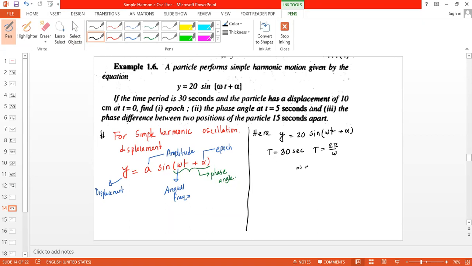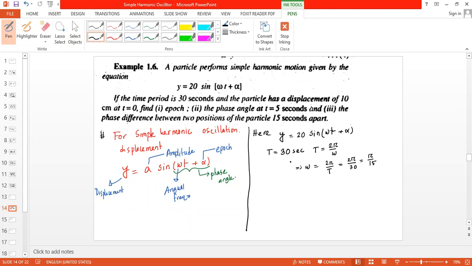That means omega equal to 2 pi by T, which is 2 pi by 30 seconds. So omega equal to pi over 15.